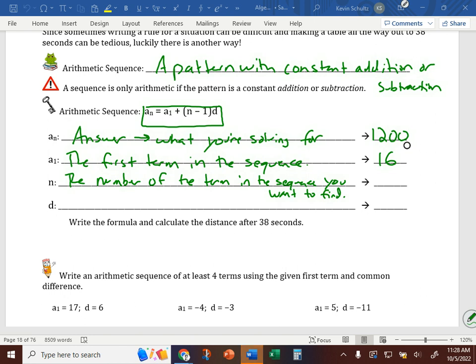Very similar to our a_n here, and that's not an accident. This n value here and this n value here will be the same thing, because that's what we're looking for, that number of the term. In our example up above, we were looking for the 38th term in the sequence. We want to know the distance after 38 seconds.